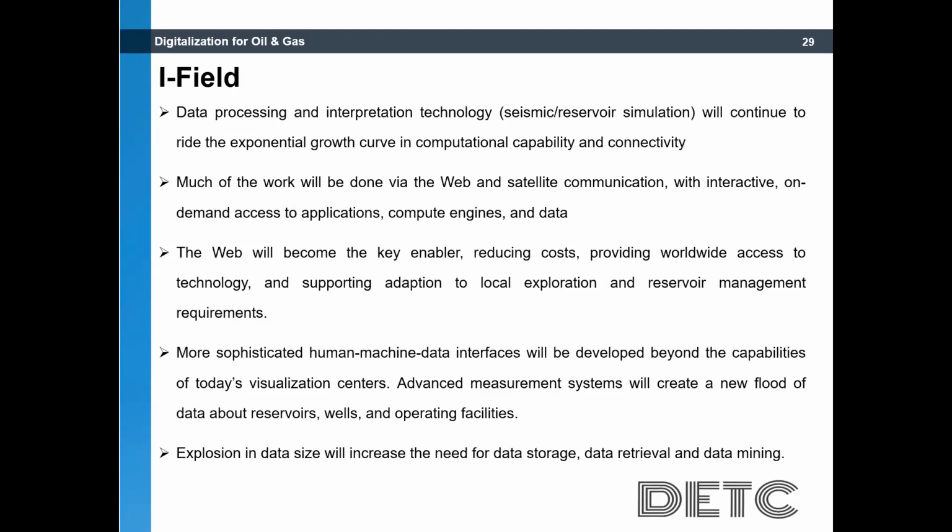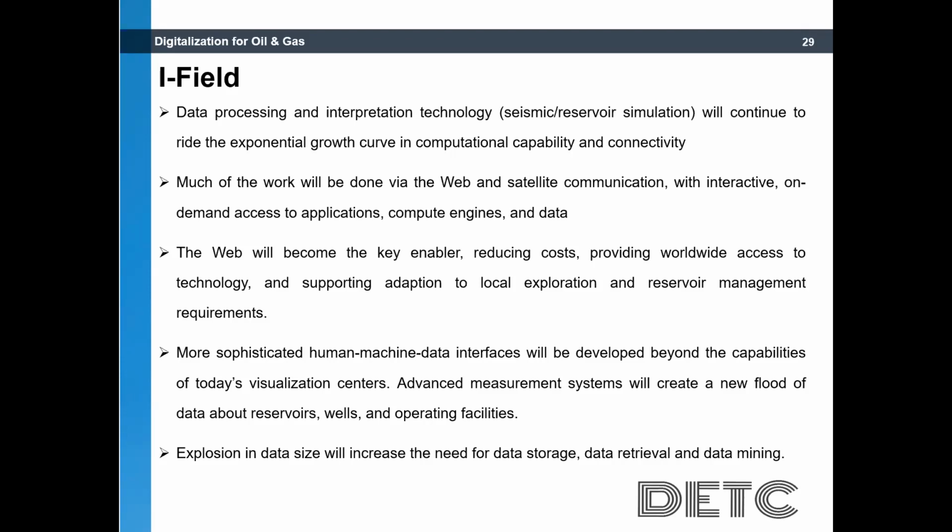In general, the IoT field will continue to expand. This is supported by advances in cloud computing, big data analytics, the Internet of Things, and a lot of work will be done remotely with mobility.